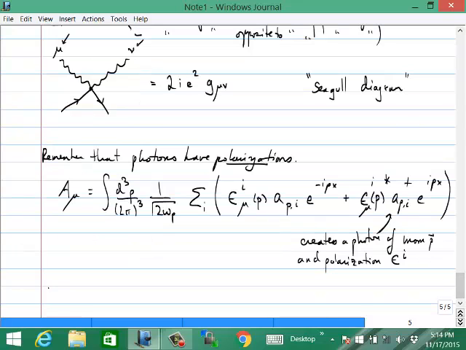So the incoming states in our momentum space Feynman rules will be labeled not just by an incoming four-momentum p, but also by some polarization vector.